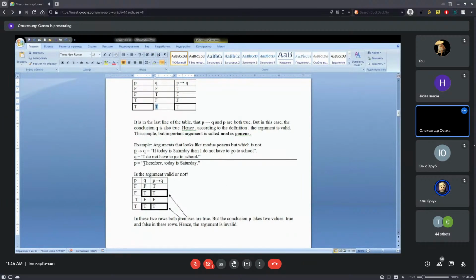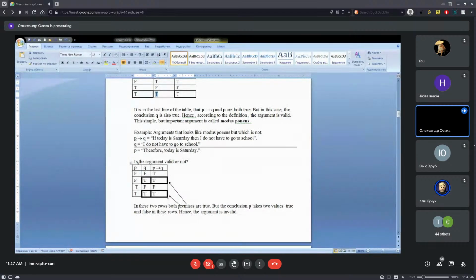I will leave therefore so that you can understand what we are trying to prove. Therefore is actually presented by this bar, but let it be. Therefore, today is Saturday. Is this argument valid or not?